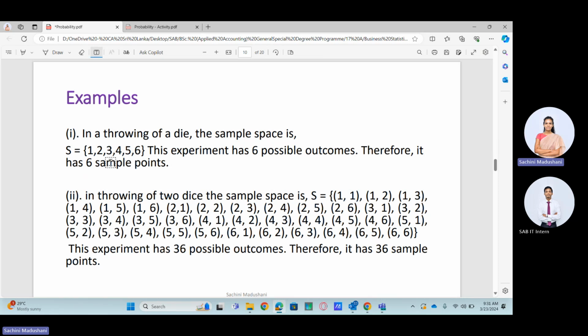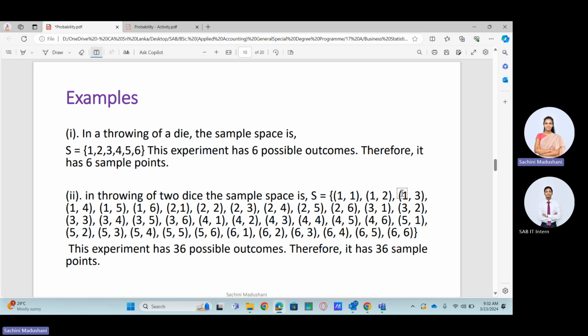Why? First one gets 1 and second one also gets 1, so that is 1 sample point. Then 1 and 2, 1 and 3, 1 and 4, we can write. Rolling 2 dice, one has 6 possible outcomes, the other also has 6. Then 6 times 6, how many sample points? 36.